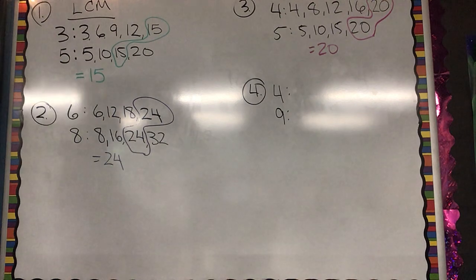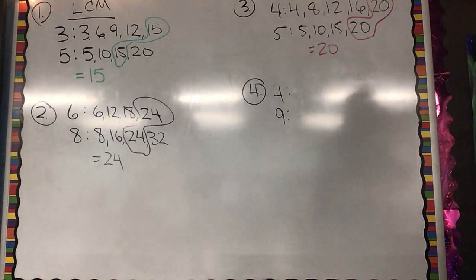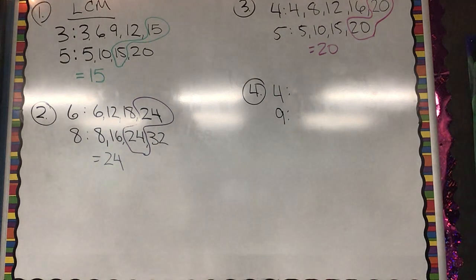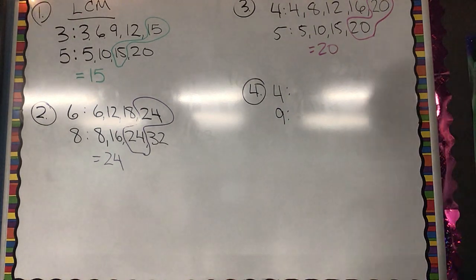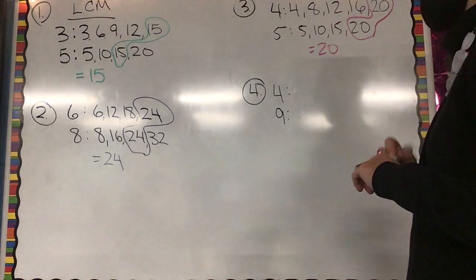All right, I want you to turn to a neighbor and tell them what the LCM of 4 and 9 is. See if you guys agree or disagree. What was the LCM of 4 and 9? 36. Very nice.